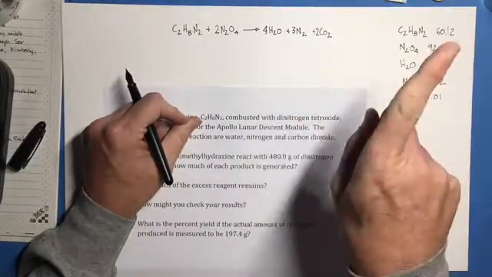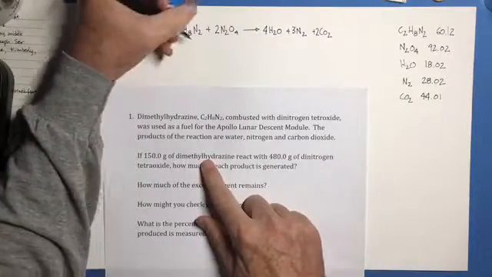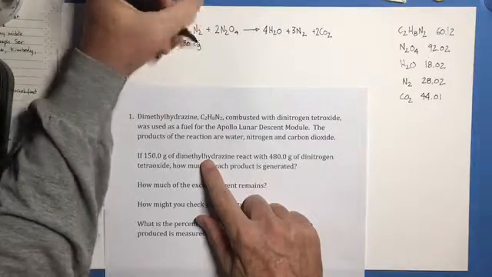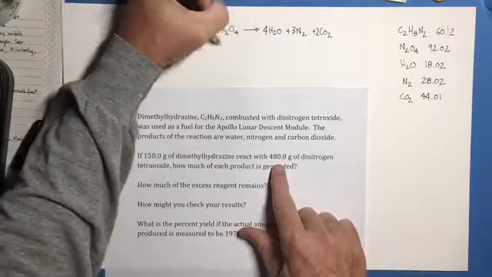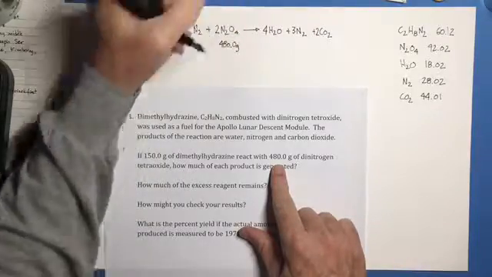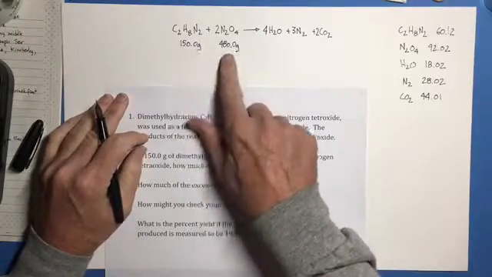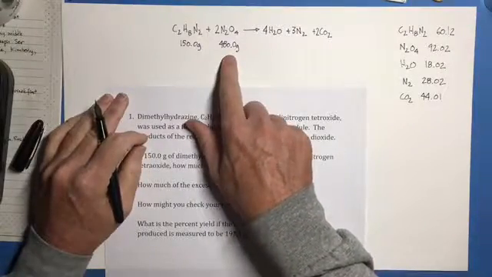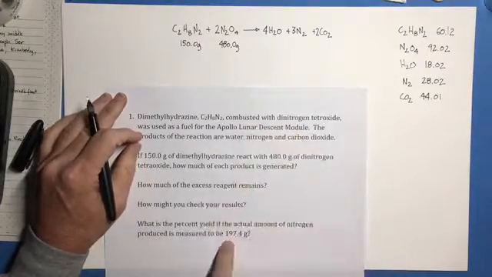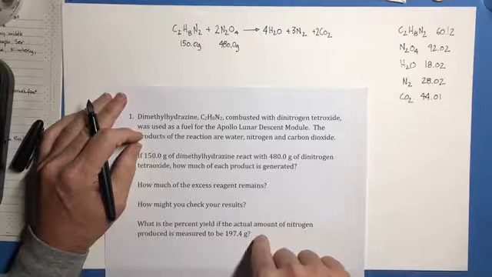Balanced equation, check. Now it tells us that if I have 150.0 grams of that, and 480.0 grams of that, how much of all of these am I going to get? Which one of these is going to be left over after the reaction is completed? Then we'll check our results, and we have an additional percent yield issue to deal with here at the end.